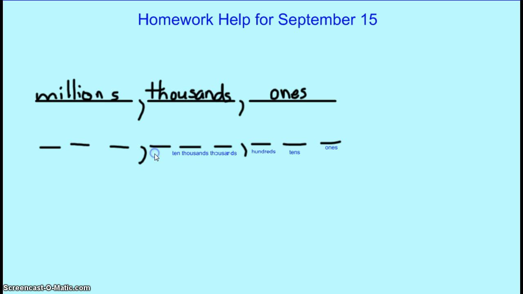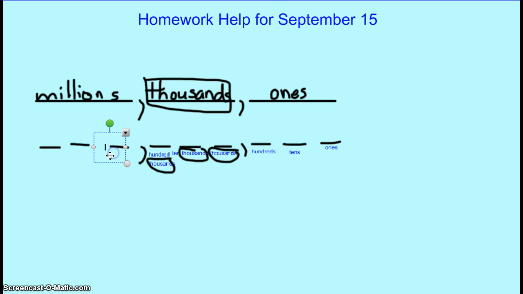And then, of course, 100,000s. But all of those are thousands. So you can see why this is called the thousands period or section, because this whole section is counting groups of thousands. Okay?